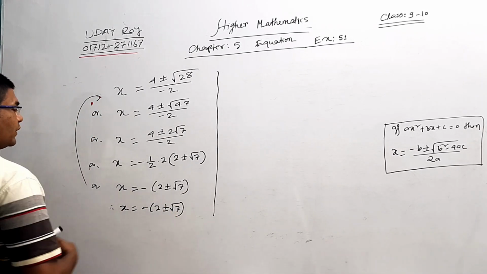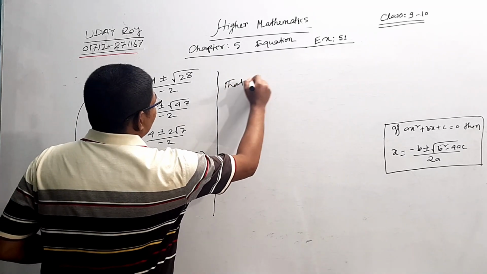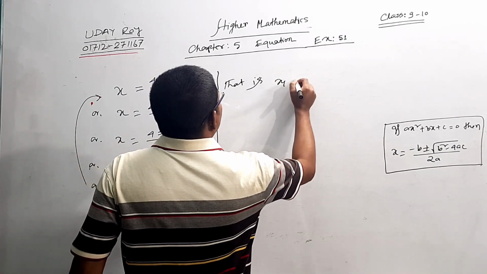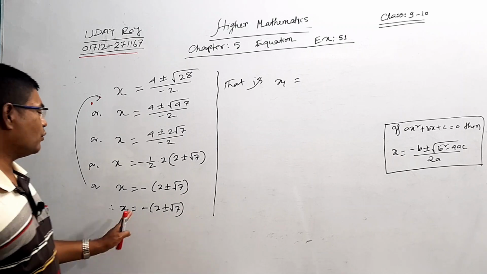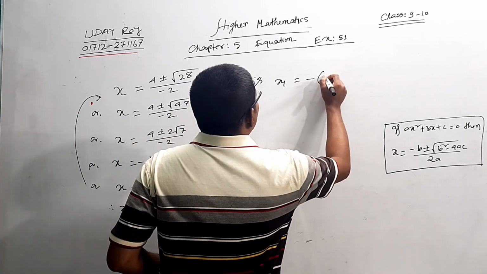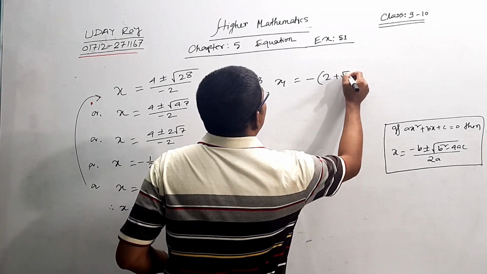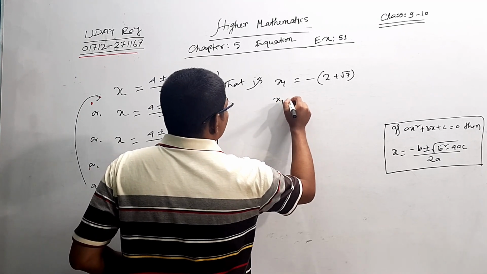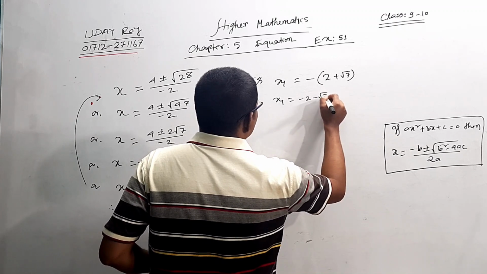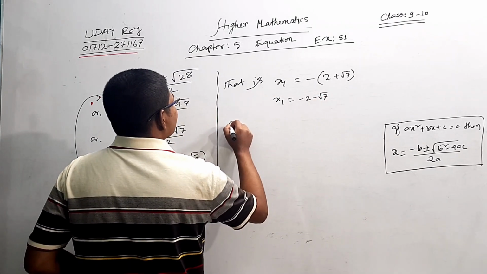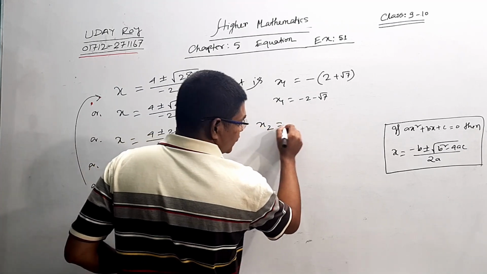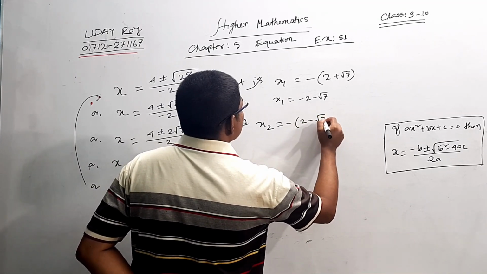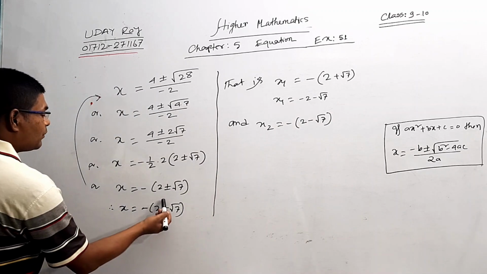So we can write the two roots are x1 equal to, for plus, 2 plus square root of 7, that means x1 equal to minus 2 minus root 7, and x2 equal to minus 2 minus root 7, because here is plus and minus.